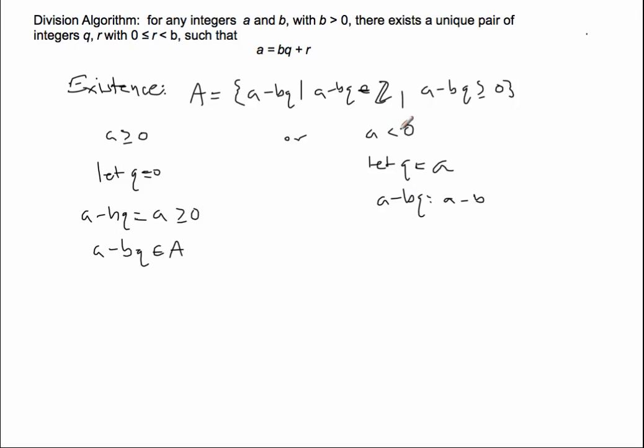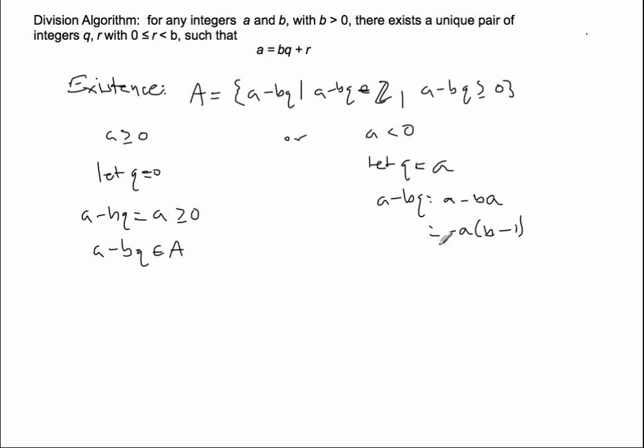Okay, on the other hand, if a is less than 0, then this is when we let q equal a. So if q equals a, then a minus bq is equal to a minus ba, which is negative a times b minus 1.